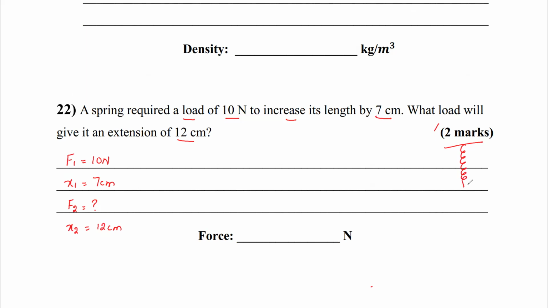This is my spring, and the weight here is, for example, 10 Newton, and the length is 7 centimeters. So from here to here we have 7 centimeters. Now we have to apply another, unknown load over here, and obviously the spring will extend.